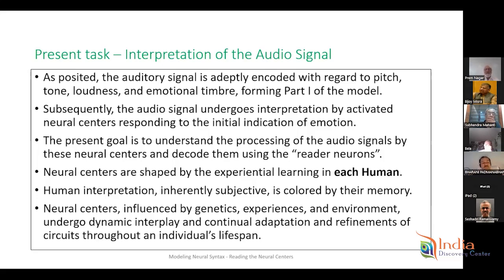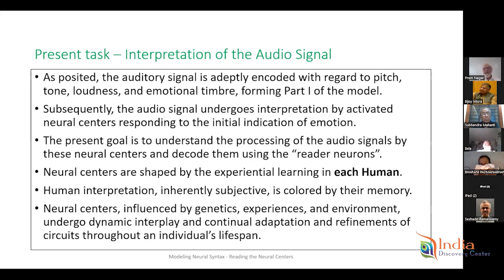Now, subsequently, the audio signal undergoes interpretations by activated neural centers responding to the initial indication of emotion. The present goal is to understand the processing of the audio signals by these neural centers and decode them using the reader neuron infrastructure.